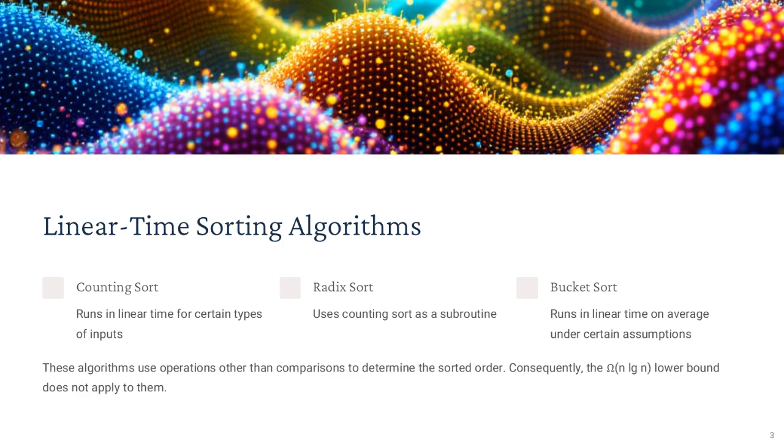Radix sort builds upon counting sort by iteratively sorting on individual digits of multi-digit numbers, while bucket sort leverages assumptions about the input distribution to organize data into buckets and sort within them. Since these algorithms do not rely solely on comparisons, the Ω(n log n) lower bound does not constrain them. This flexibility makes them valuable tools for specific types of data and applications.